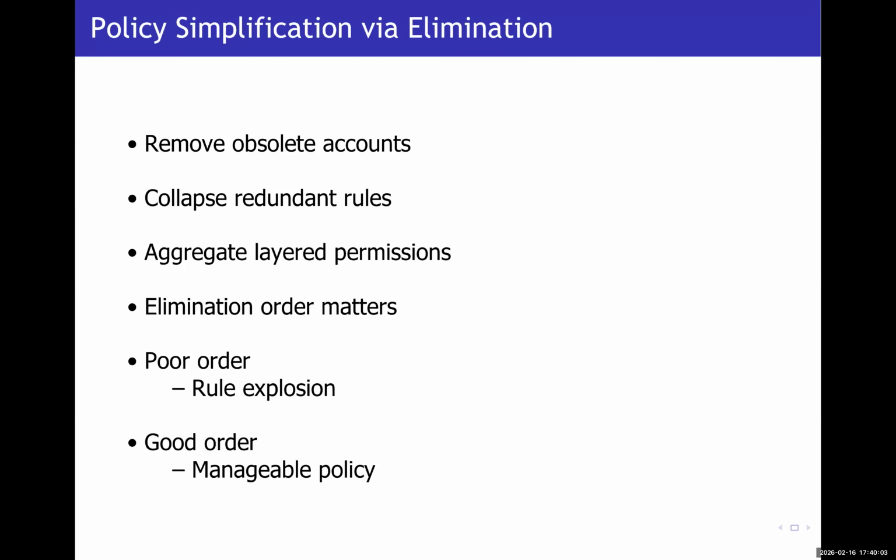Eliminating a highly connected policy element too early can create complex composite rules that are harder to manage. Poor elimination order leads to rule explosion. Good ordering produces simpler, more maintainable policy structures. And so this mirrors the computational trade-offs that we see in formal elimination algorithms.